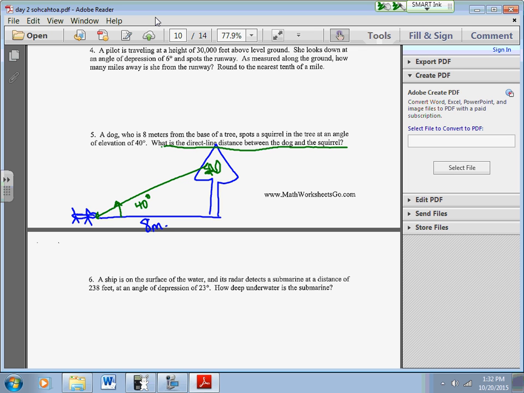If you look at where the dog is and where the squirrel is, and now you label all your sides, the opposite side, the adjacent side, and this is the hypotenuse, it's always opposite the 90-degree angle. Now here's what I want you to know. I know it's a 90-degree angle because whenever something is a certain height, you always have to be perpendicular to the ground.